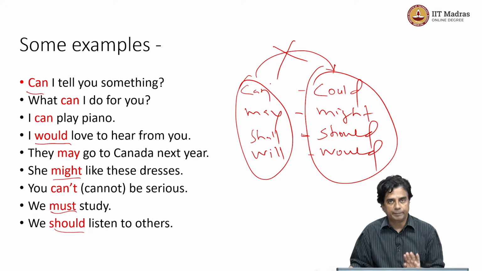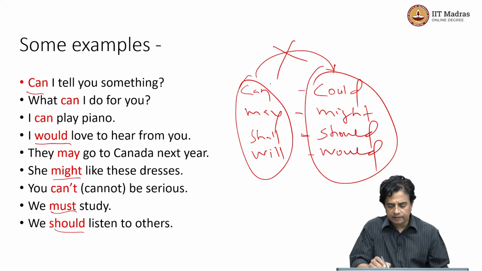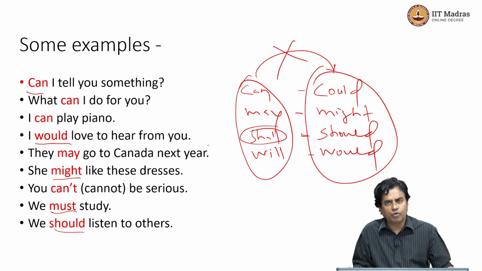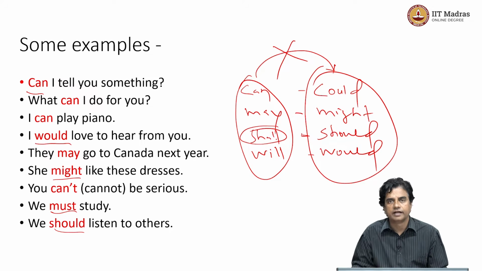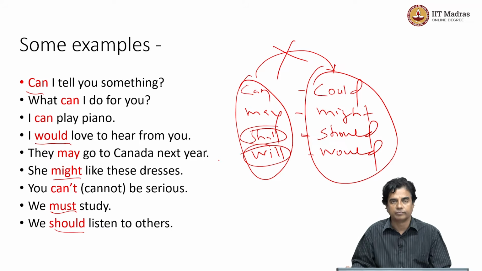They are independent auxiliaries. A simple ordinary proof in this context is, can a future tense marker have past form? Shall cannot have a past form. Will cannot have a past form.